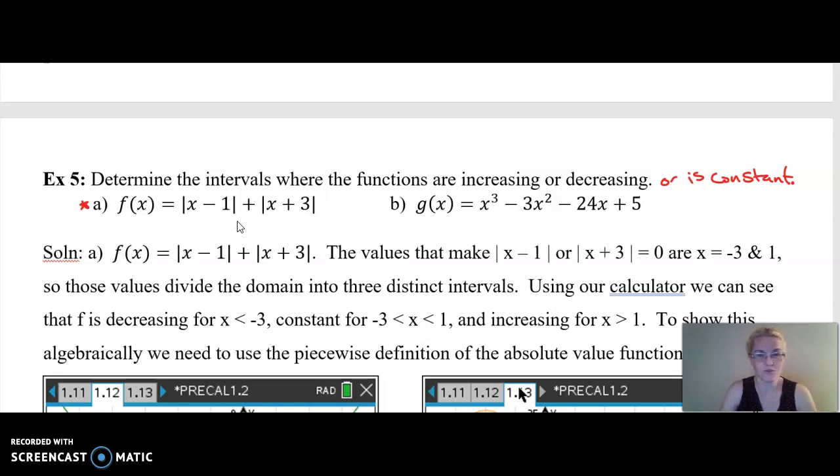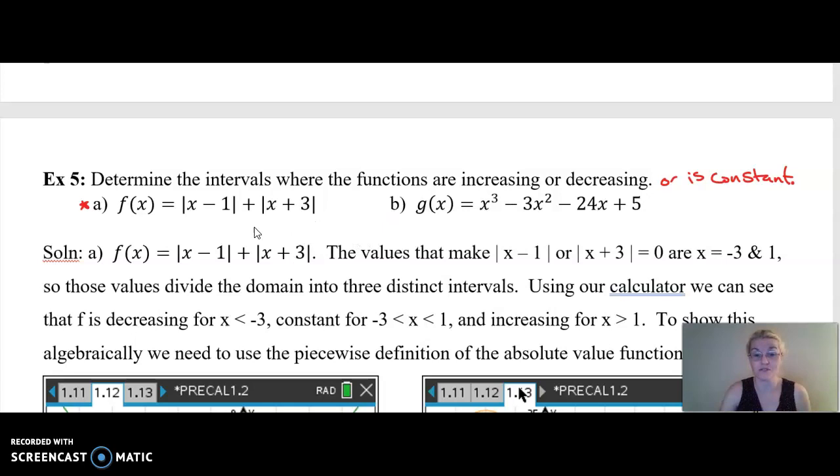I do not expect you right now at this stage in your mathematical career to know how to graph this by hand, to know how to simplify this expression. It comes from, again, the piecewise definition of the absolute value function that if there's time, I'll show you at the end. So if there's time, we'll go over it.